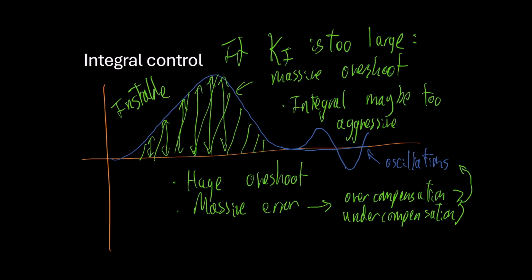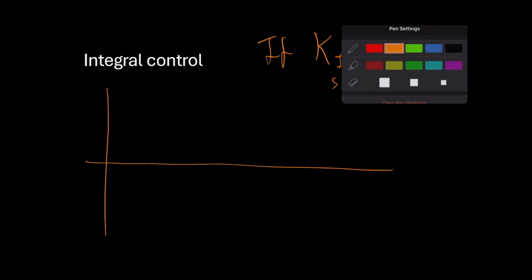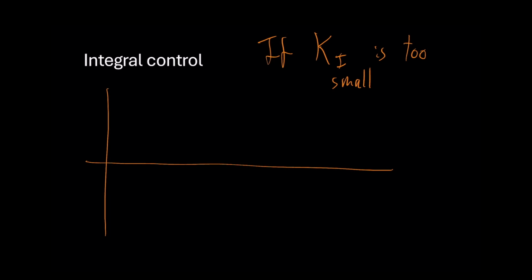So don't make Ki too large, but at the same time, if I just delete everything, if you make integral control too small, so if Ki is too small, then what actually happens is, because remember, you're summing the error over time. So imagine this is your oscillations. Well, it's a lot slower to respond to the system.